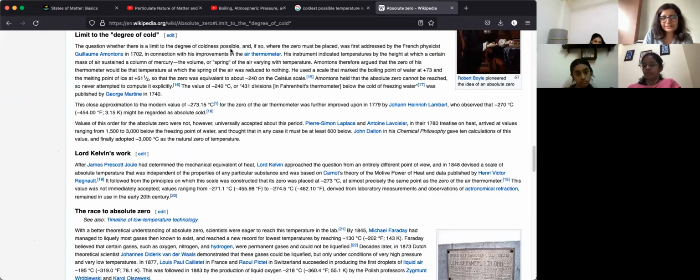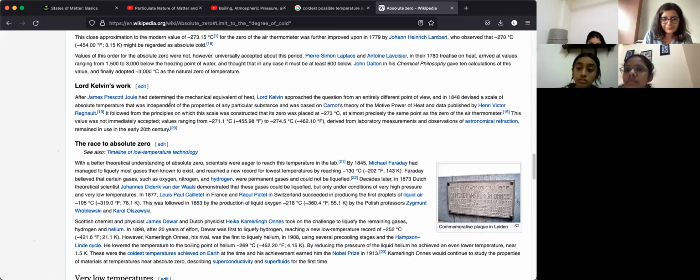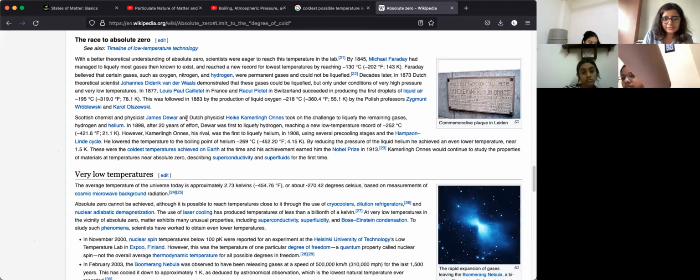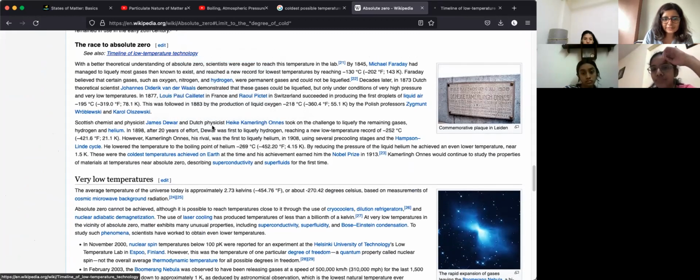The question whether there's a limit was posed in 1702. Then they started recording it. Theoretically, they knew that they could get to minus 273.15, which is 0 Kelvin. And as technology increased, people tried to achieve that. But let's see which is the lowest they have achieved.